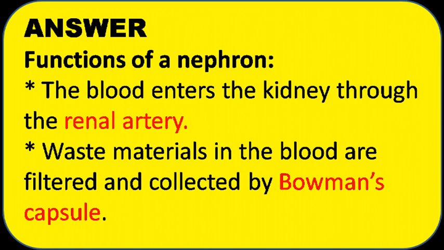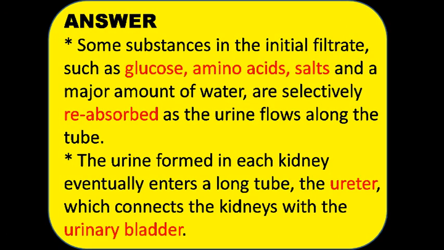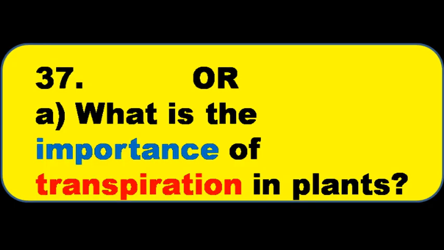Waste materials in the blood are filtered and collected by Bowman's capsule. Substances in the initial filtrate such as glucose, amino acids, salts, and a major amount of water are selectively reabsorbed as the urine flows along the tube. Urine formed in each kidney eventually enters a long tube, the ureter, which connects the kidneys with the urinary bladder.